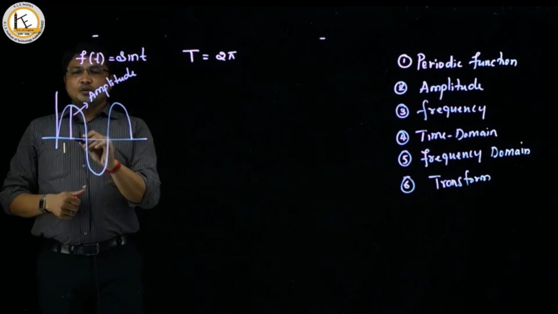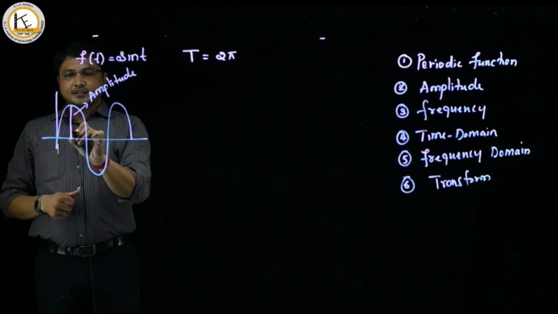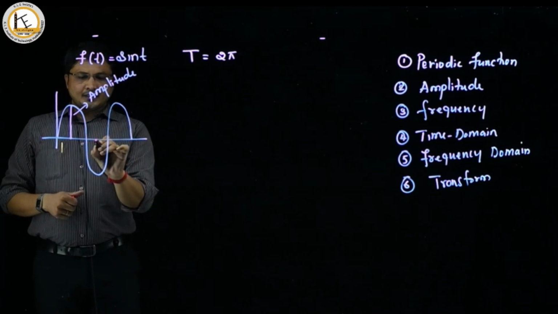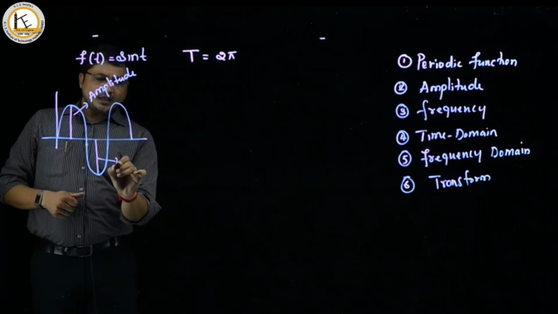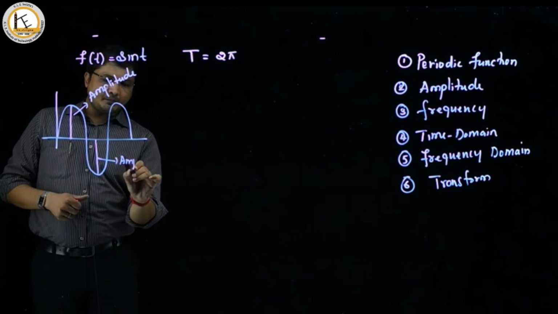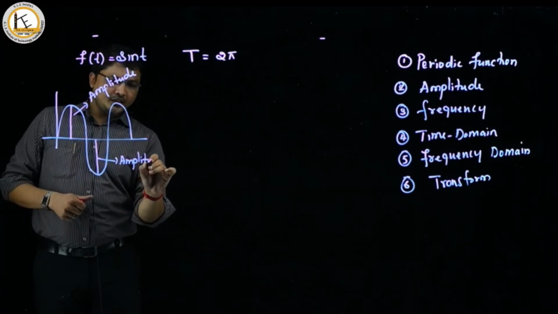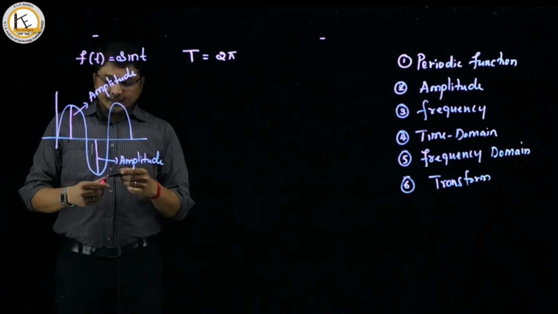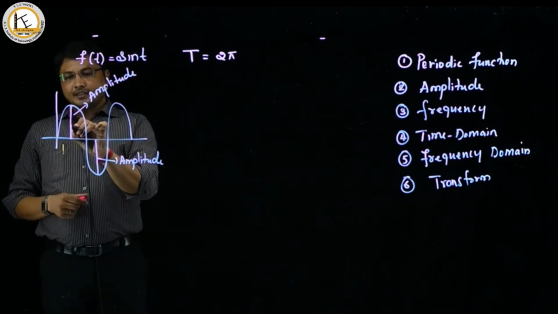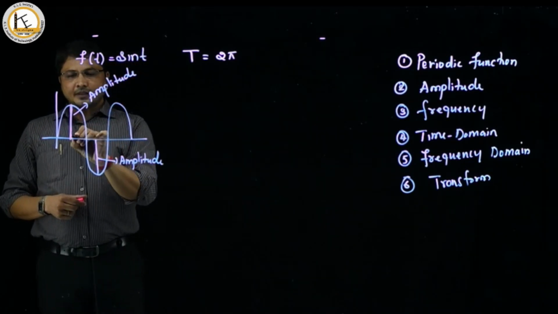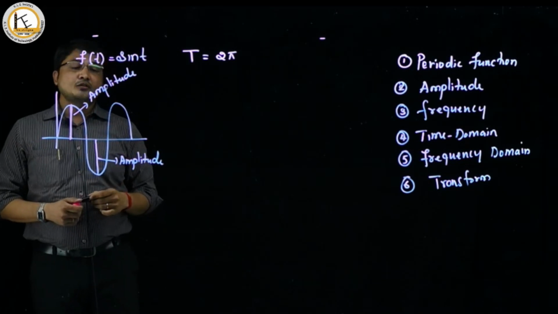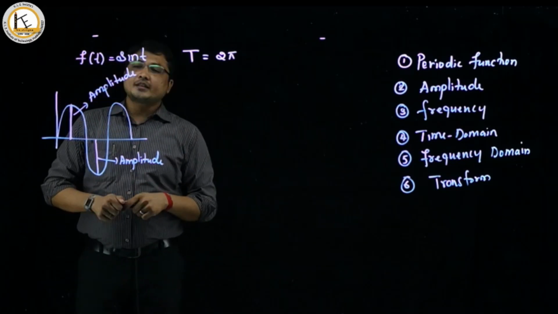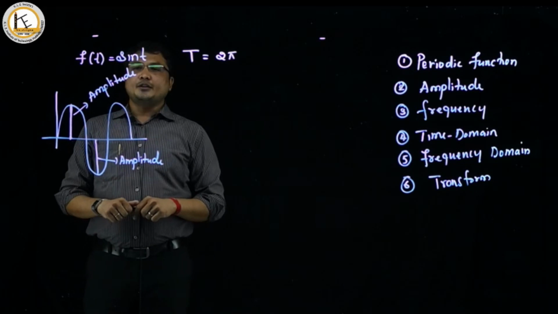Here this distance or maybe this distance, both represent the amplitude. In simple words, the maximum displacement of the given function from the mean point will be called the amplitude.